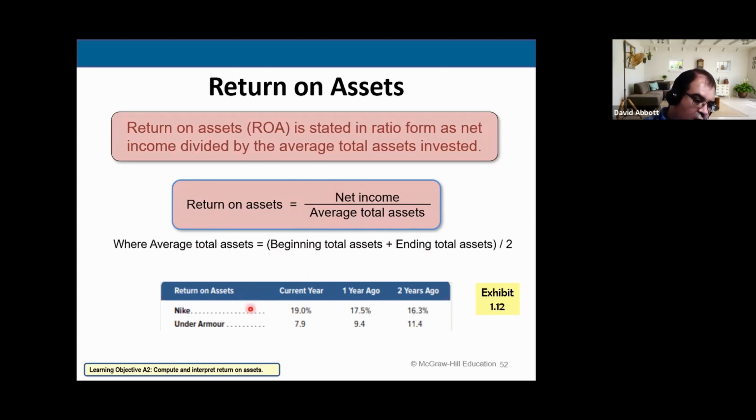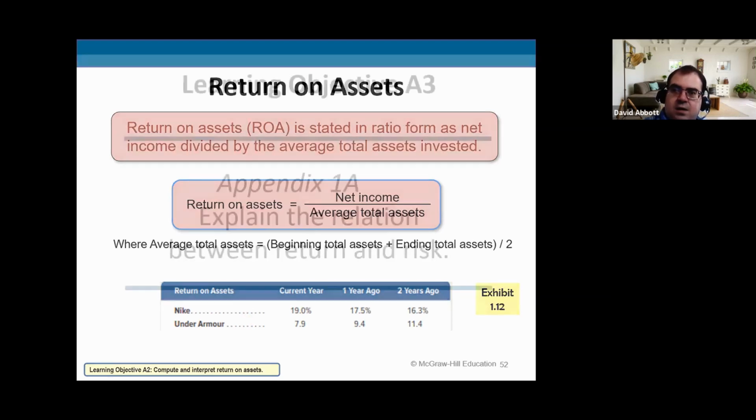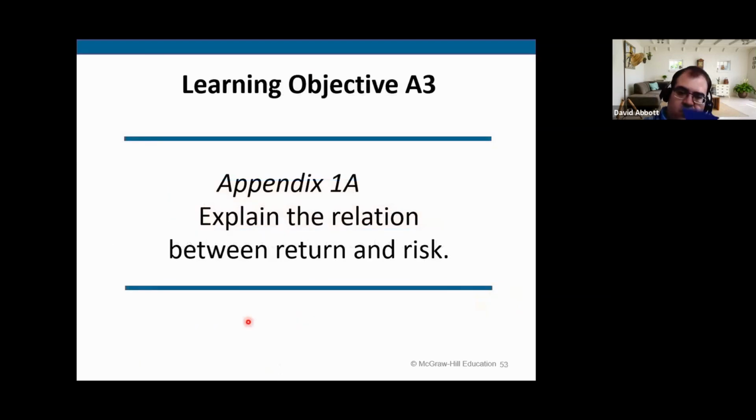And then you see here an example, they're breaking it out, so for Nike and Under Armour. And so we see here that Nike's return shows a stable pattern and has outperformed Under Armour in each of the 3 years. We see that theirs is a lot higher than what Under Armour was for their showing and how they're doing. And I do know that there's a question or two on the homework about that.